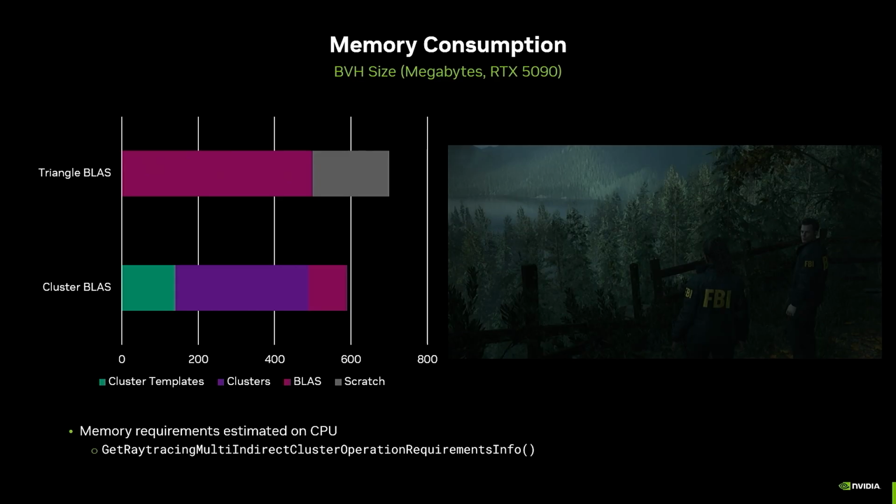Memory management is done for the clusters based on CPU-side estimations, and the API would offer the possibility to read back more accurate sizes from the GPU and optimize the memory consumption even more, but we didn't use that here.